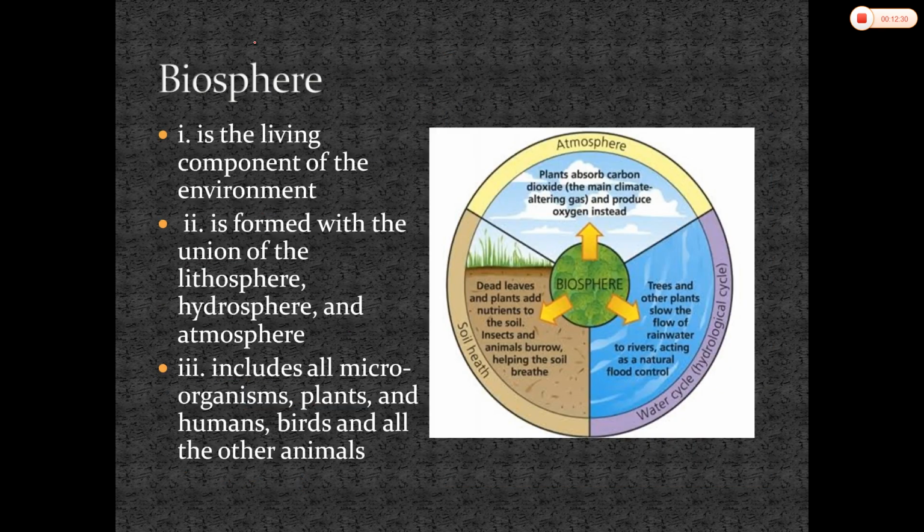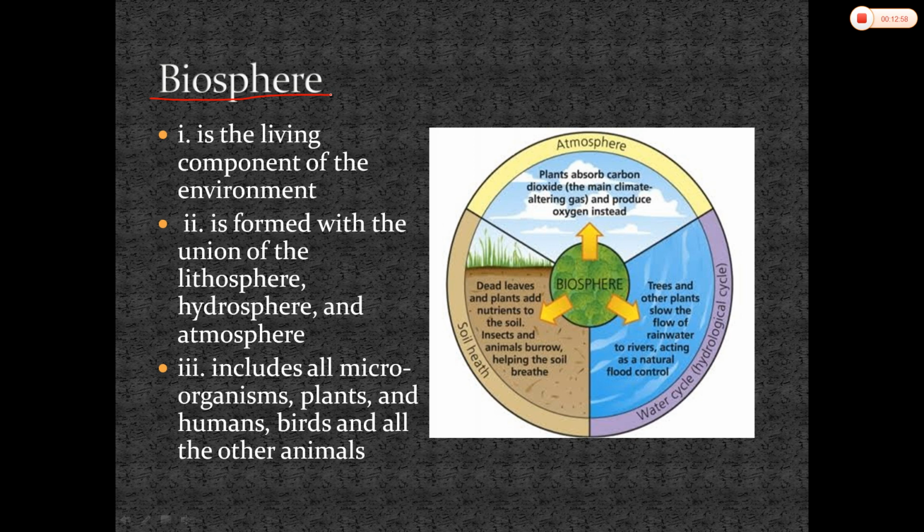Now the next topic that we are going to understand is the biosphere. The biosphere is the domain of all kinds of living organisms, the kingdom of plants and animals. All these kingdoms together make the biosphere, or the living world.